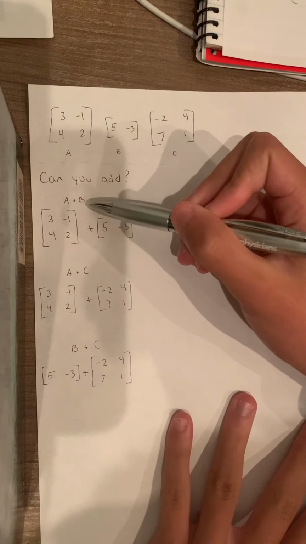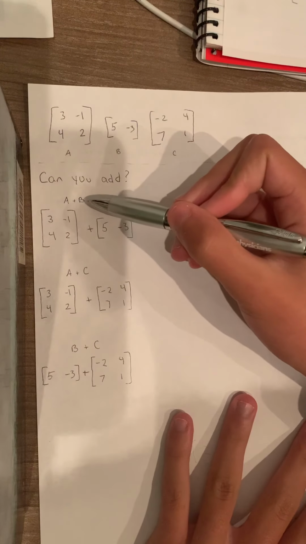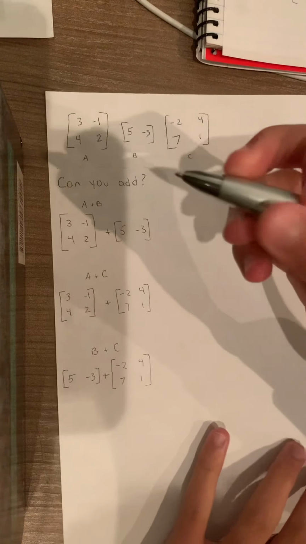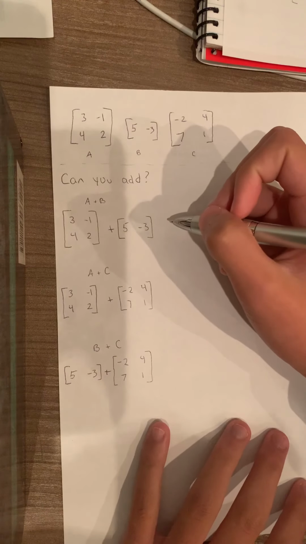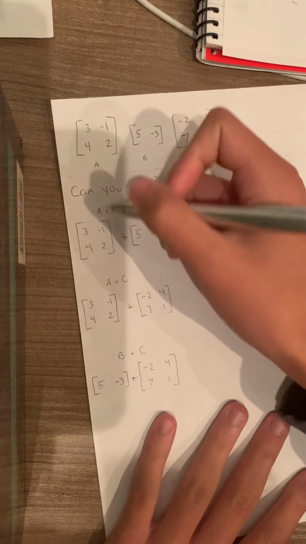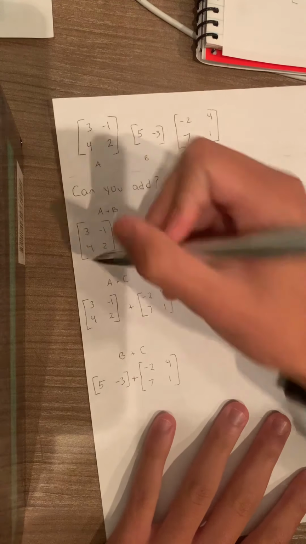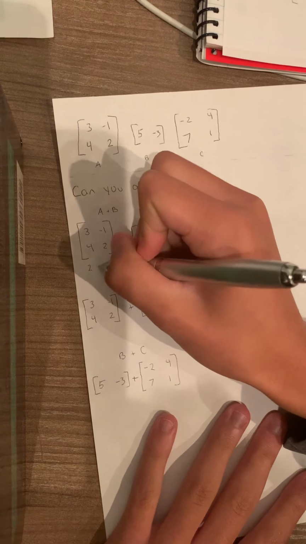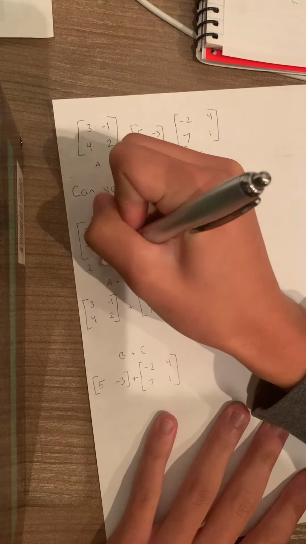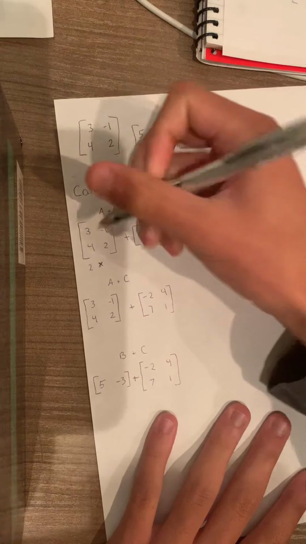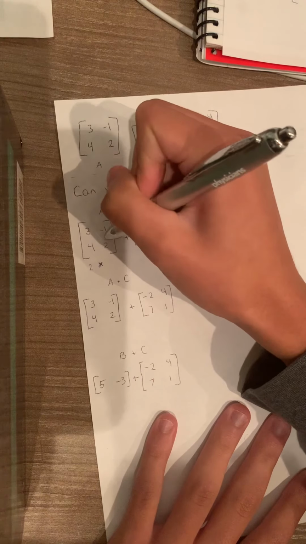So for the first pair, you have matrix A plus matrix B. So the first thing you want to do is figure out the dimensions of each matrix. So we have matrix A, and it has 2 rows. So it's a 2 by, it's 2 rows and 2 columns matrix.